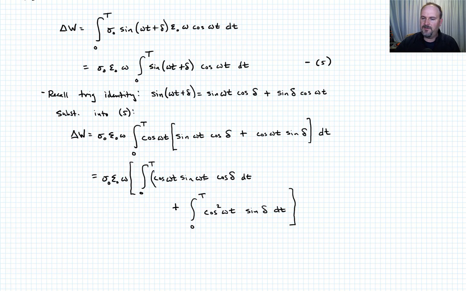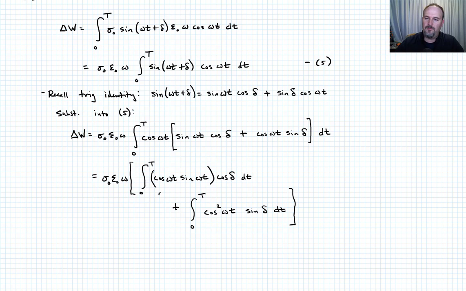I'm going to put a parenthesis around here to separate that so you see that this interior term is dependent on time. This cosine delta is not dependent on time, so we could pull it outside the integral. If we integrate cosine times the sine over the period from 0 to t, we have two orthogonal functions, so their inner product is identically 0.